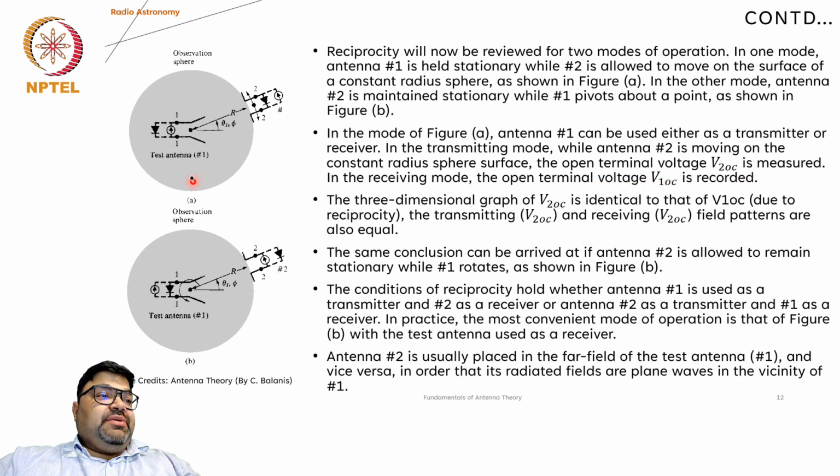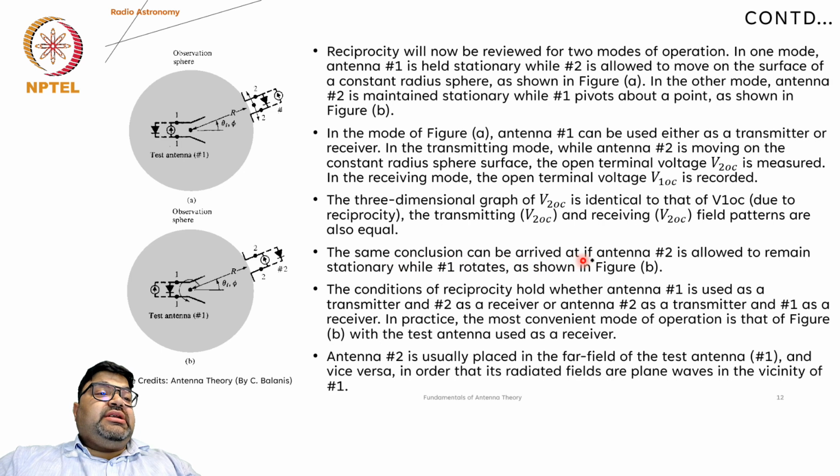Either way, if this is transmitting, then V2OC is recorded; if this is transmitting, then V1OC is recorded. The three-dimensional graph of V2OC is identical to that of V1OC due to the reciprocity theorem. The transmitting and receiving field patterns are also equal.